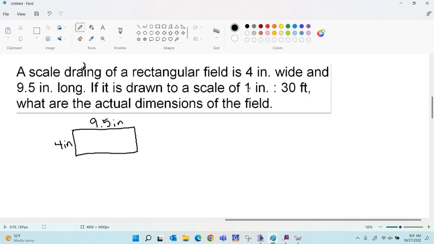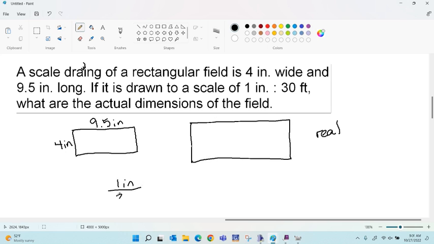So it's drawn to a scale of 1 inch goes with 30 feet. We need to find out how much it is really. So we need to find the 9.5 part, we need to find the 4. Our scale is that 1 inch turns into 30 feet, so we have to do them in 2 separate parts.